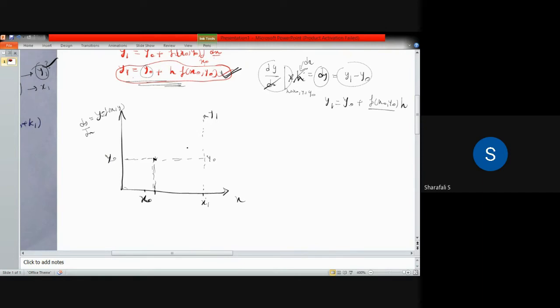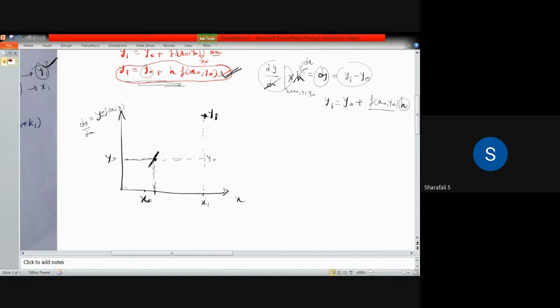So if you know the slope at this point, and that is multiplied with the value of h and added to your y0, then you will get the second point y1.